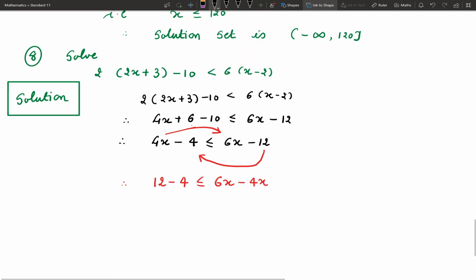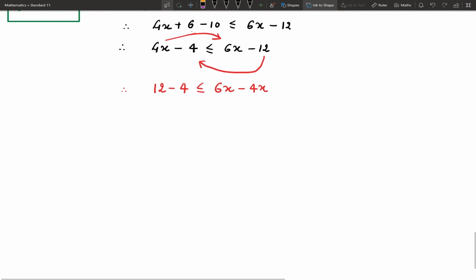Now the simplification is 12 minus 4, 8 less than or equal to 6x minus 4x, 2x. So divide throughout by 2, so 4, because 8 by 2, we write one more step, 8 by 2, therefore 4 less than or equal to x.